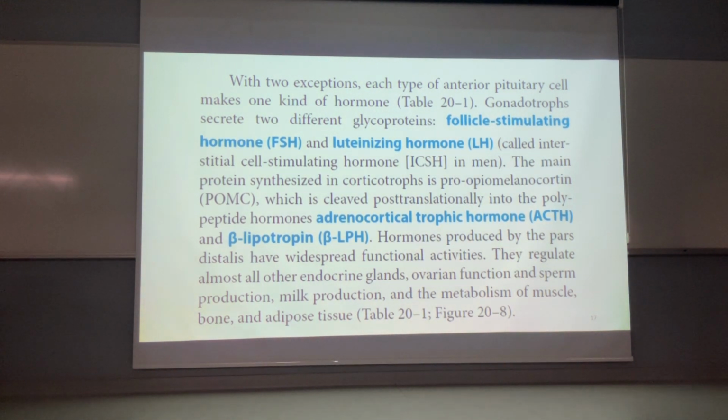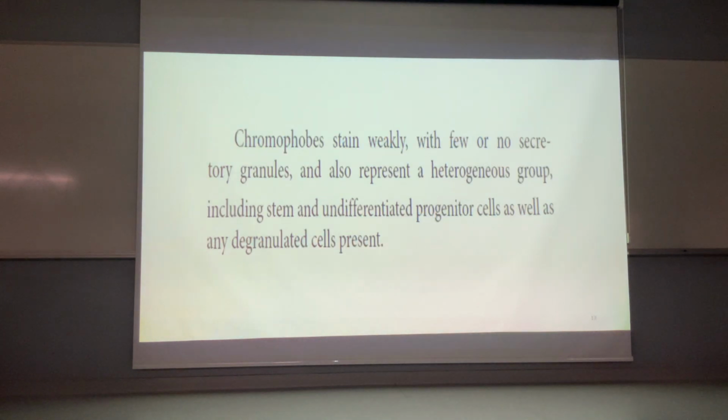They produce pro-opiomelanocortin, or POMC, and this POMC can change into the polypeptide hormone ACTH and beta lipoprotein, which have a role in adipose tissue metabolism.